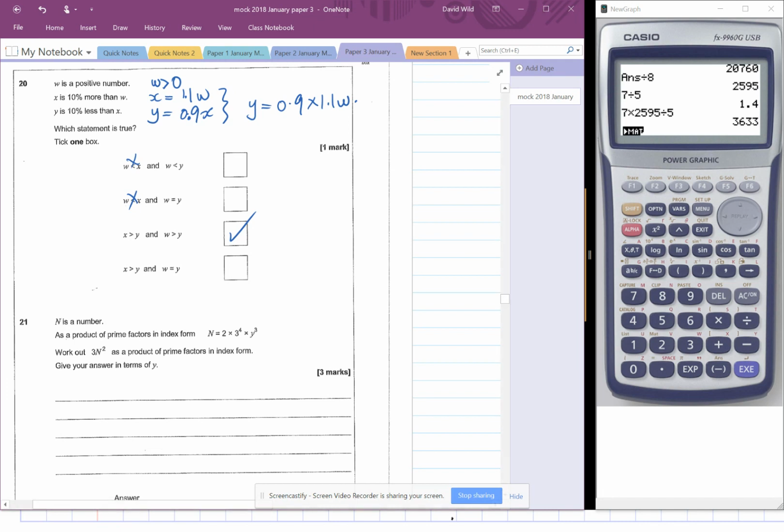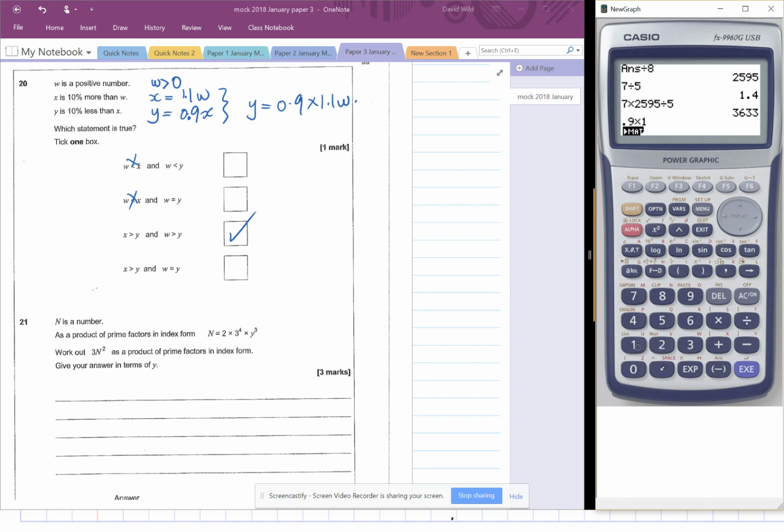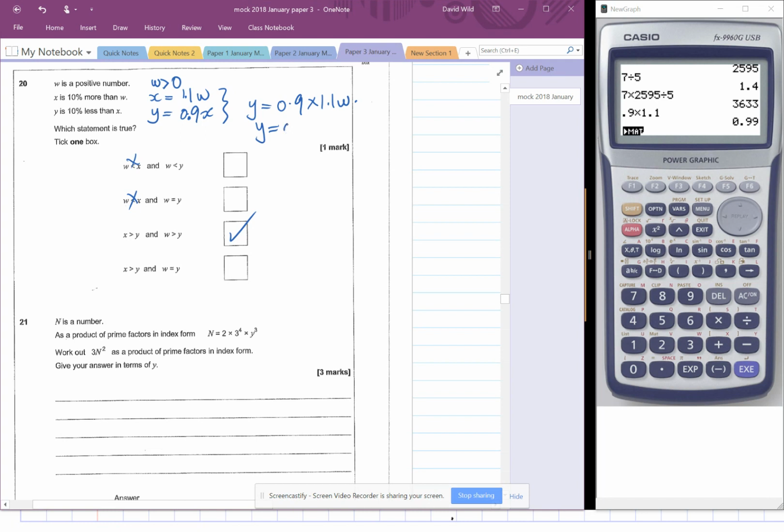So 0.9 times 1.1 is 0.99, so Y is 0.99 W. So Y is obviously smaller than W because we're multiplying it by something less than 1, so that accounts for this one here. And X is greater than Y. Well, X is 1.1 W, but Y is only 0.99 W, so that is also true. So that's another way of doing it.